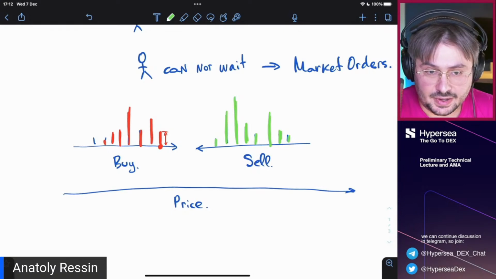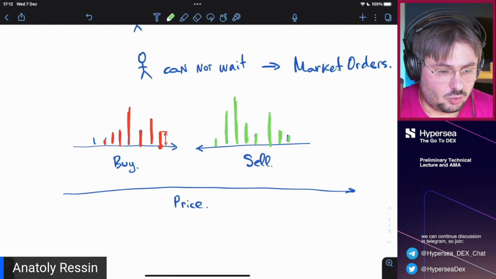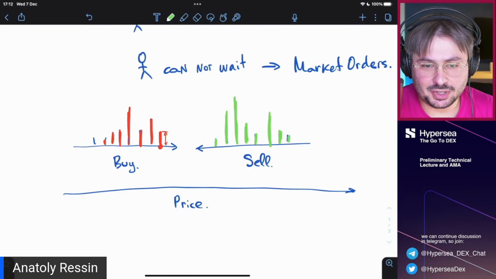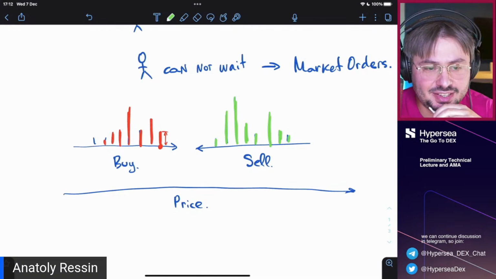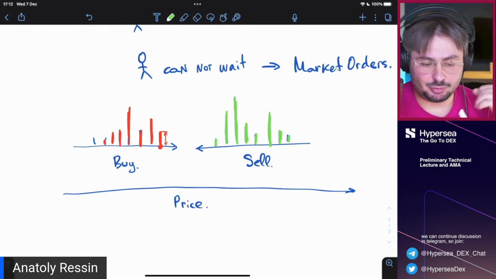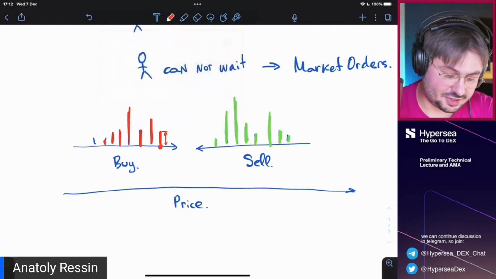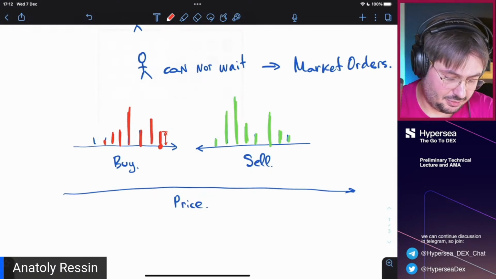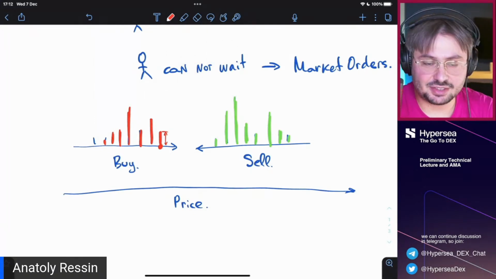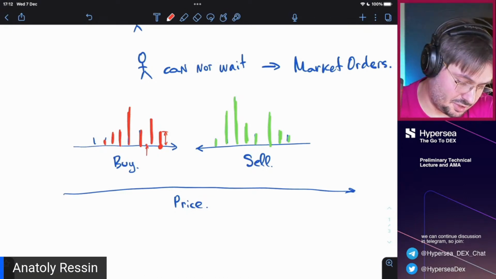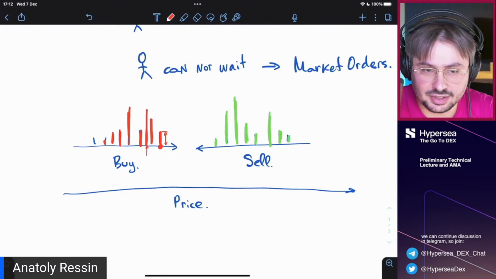And we can always talk about these two queues, because when somebody says that I want to buy Ethereum at this given price, then the exchange just calculates the place. For example, if a trader says that I want to buy at this price, it means that his order is just inserted in this position.